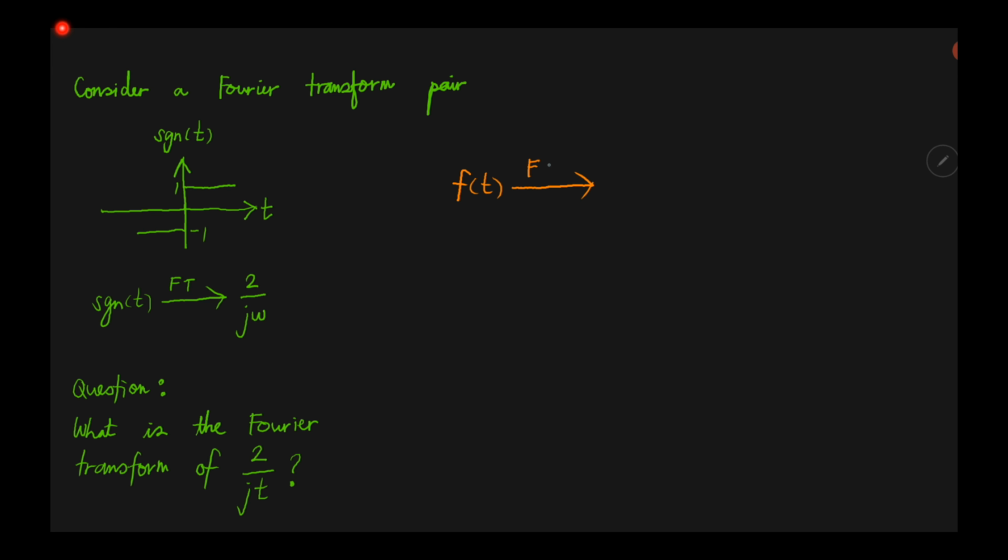Generally, if we have any time domain signal f(t), the Fourier transform of f(t) will produce F(omega). And let's say we want to apply Fourier transform consecutively to the F(omega).